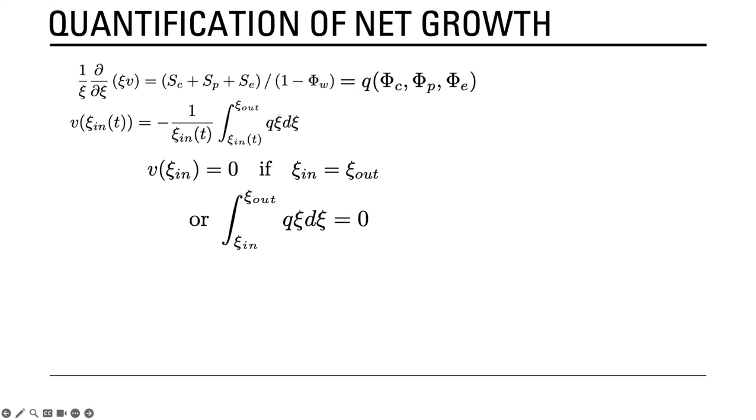Then we can see that from this expression, we can get a velocity at the inner radius to be 0 if either psi in is equal to psi out, which is when the airway is completely thinned to nothing, pretty much, or if the integral between these things of Q times psi is 0.